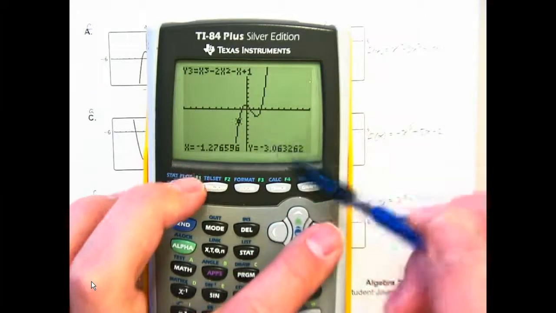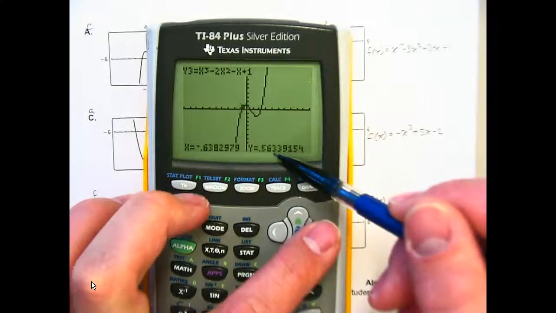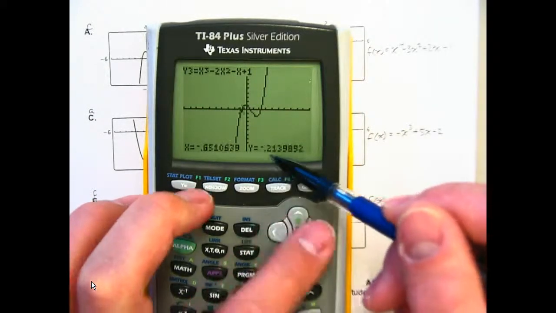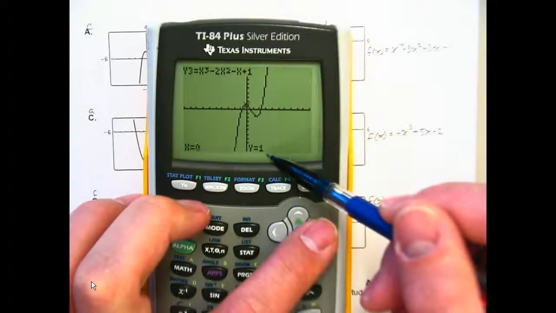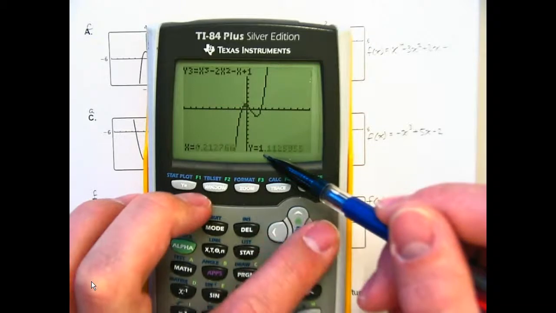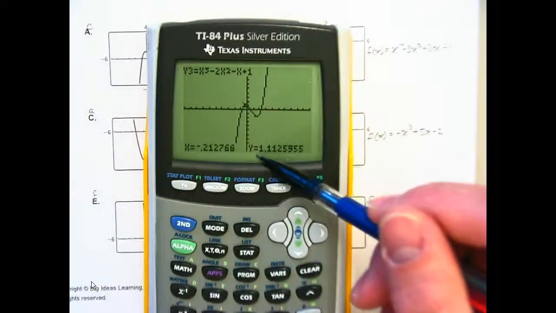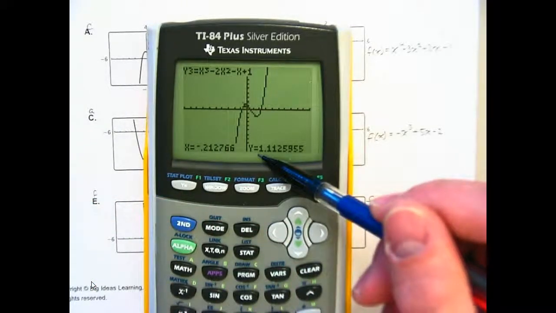If I just watch my y values, they're increasing. Okay, so they went from 0.21 to 0.56 to 0.98, it's still increasing. To 1.1, still increasing. To 1, okay, 1.1 to 1 started decreasing. So it looks like it turns at about 1.1.